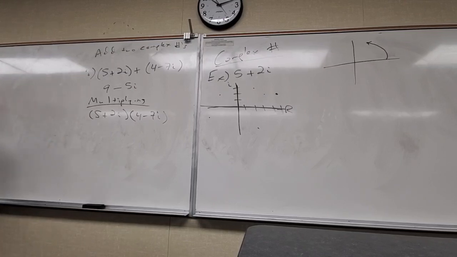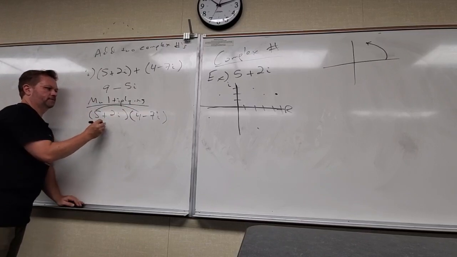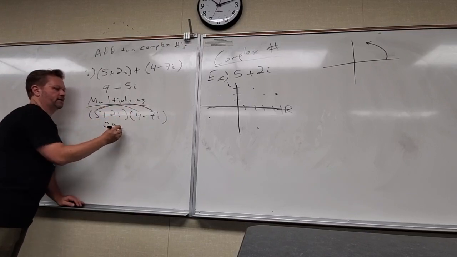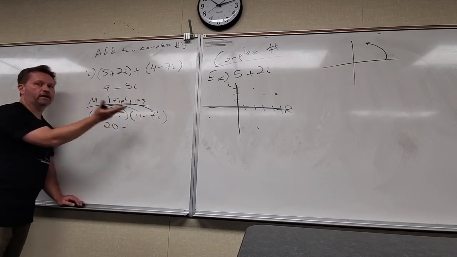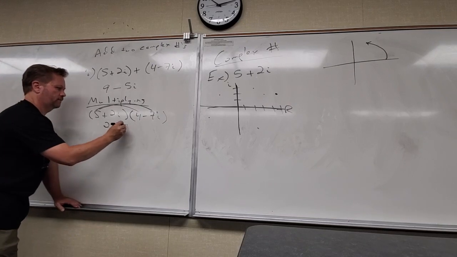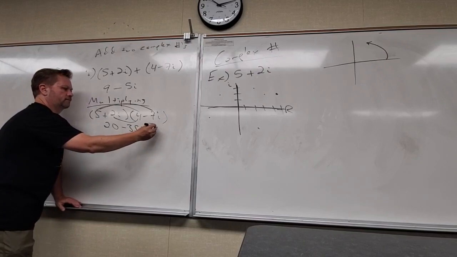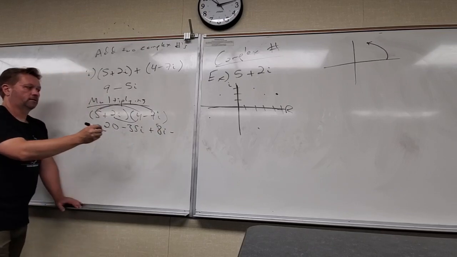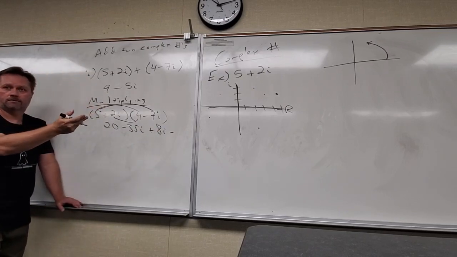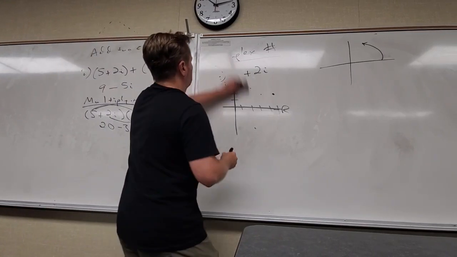Well, what you hoped you'd do is to not do this, but given that you have to do this, distribute. 5 times 4, 20. 5 times negative 7i, negative 35i. 2i times 4, 8i. 2i times negative 7i, negative 14i squared. All right, so let me put this up here.